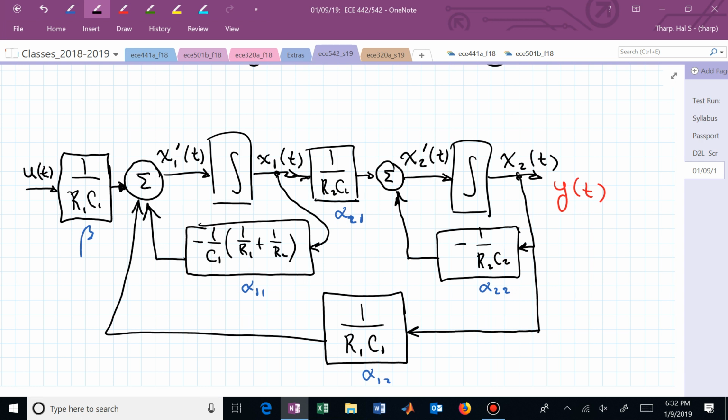Do you see that x1 prime has a piece that's simply beta times U? Does x sub 2 prime have a direct connection to the input U? Is there a signal coming into that rightmost summing junction directly from the input U, scaled and going in to create a part of x sub 2 prime?